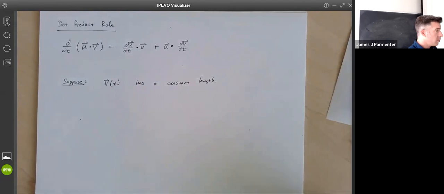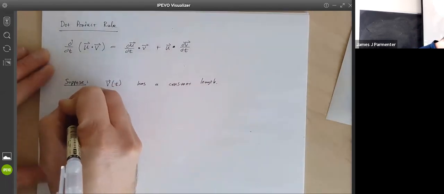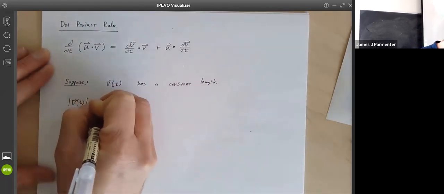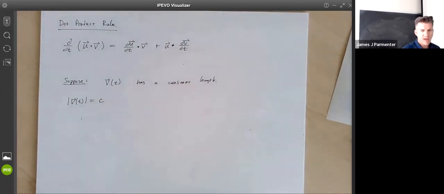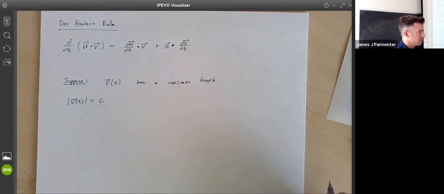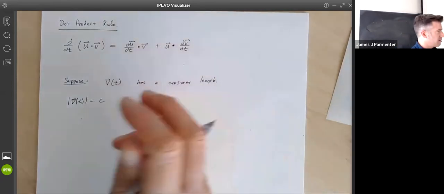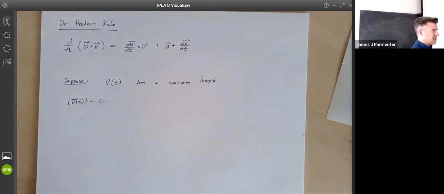In other words, the magnitude of v is a constant. So how do you calculate the magnitude of a vector? Well, you take the square root of the squares added together, right?